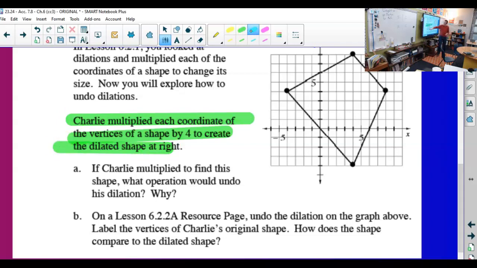So what we're being asked is, if that's what we did, how could Charlie undo that? Go. On your paper, I think you guys know what to do. That's why people are raising their hand. How do we undo that? Let's go ahead and do that.